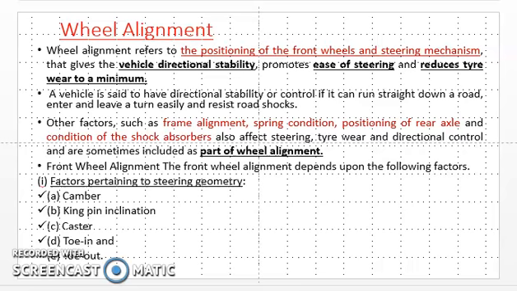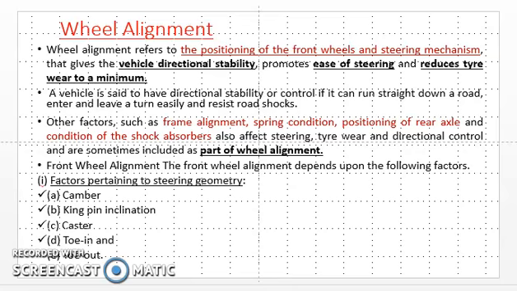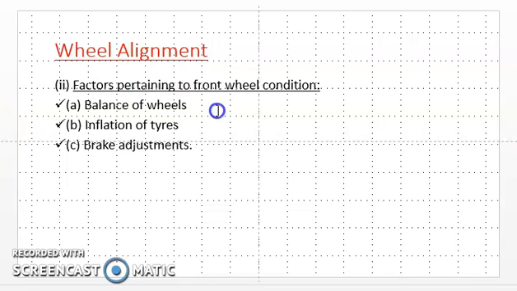Now we will see the next adjustment: factors pertaining to front wheel conditions. We require balance of the wheels, inflation of the tires, and brake adjustment. These three conditions also affect the wheel alignment.